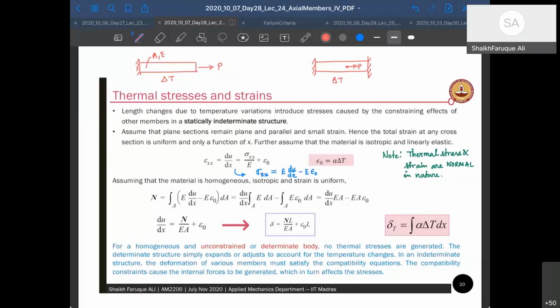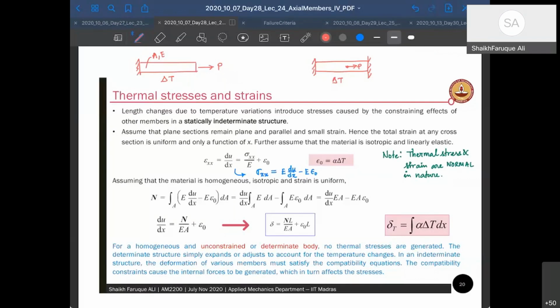But generally, if you have a homogeneous isotropic material and you increase the temperature, there won't be any shear stress generated, or any rotation. If there is no rotation, there won't be any shear stress generated.